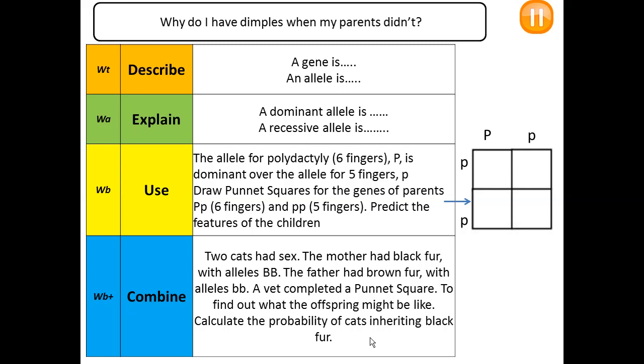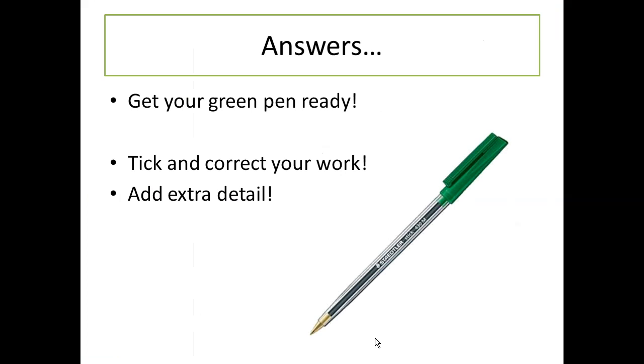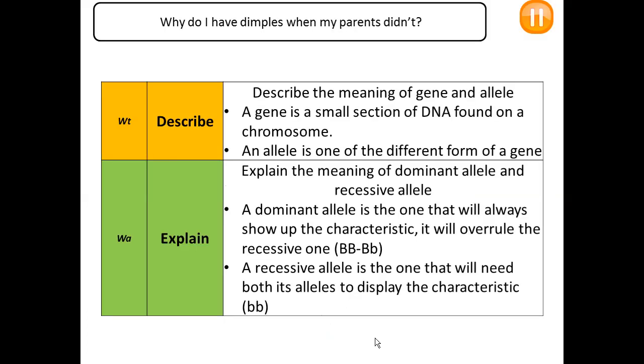Great, it's time now to mark your work. So get ready with a green pen or a different color pen, please. For the first one, the answer was to describe the meaning of gene and allele. A gene is a small section of DNA found on chromosomes, and an allele is one of the different forms of a gene.